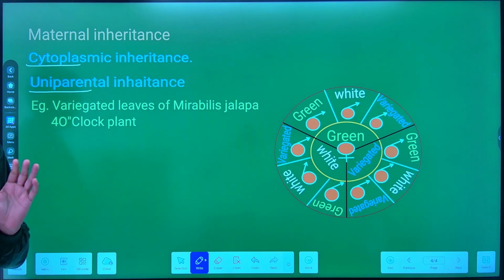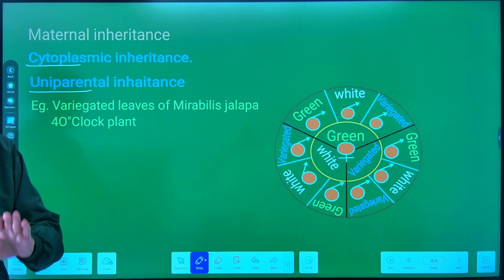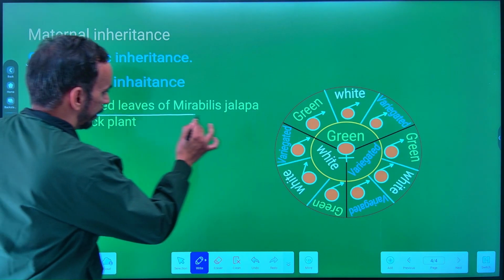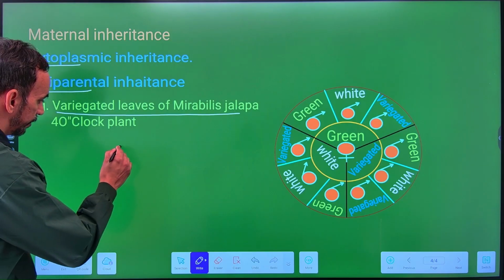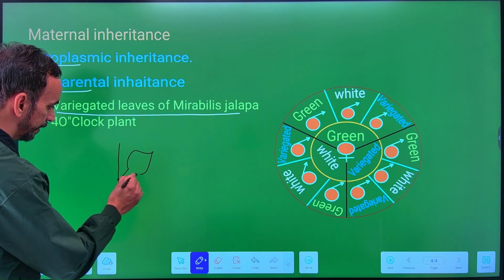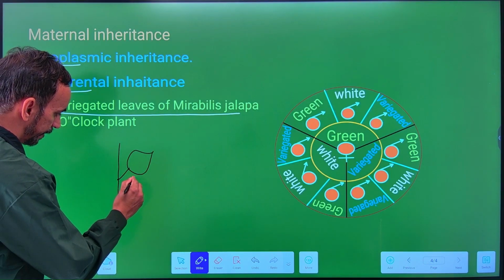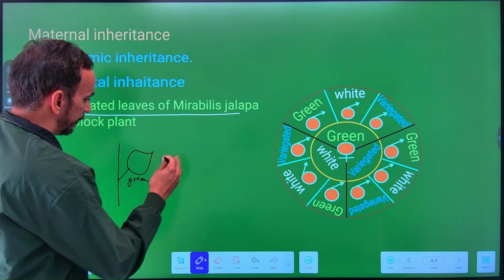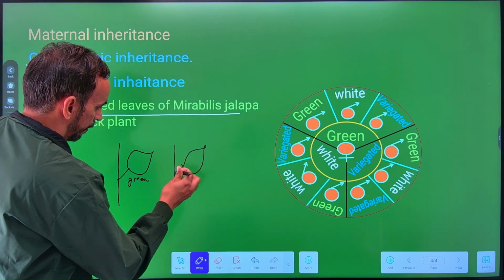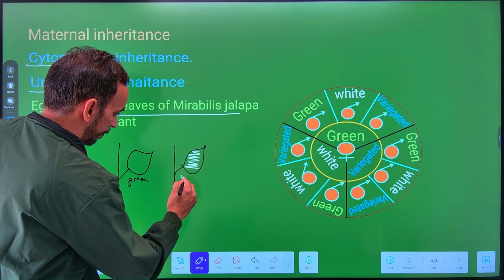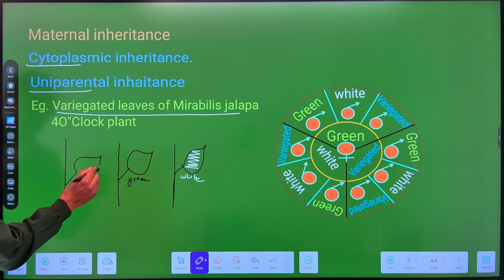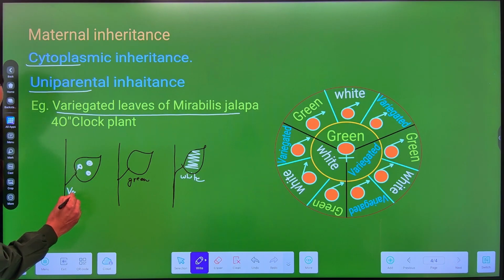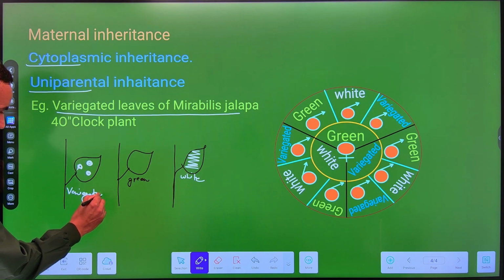Now the classical example to understand maternal inheritance in plants is the variegated leaves of Mirabilis jalapa. It was observed that in Mirabilis jalapa, there are 3 types of plants: the plant having green leaves, the plant with white leaves, and a plant having a mixture, or patches of white and green, which is known as a variegated plant.